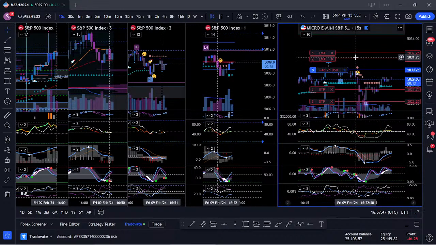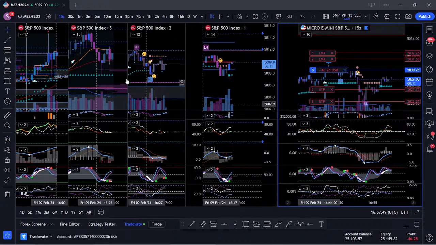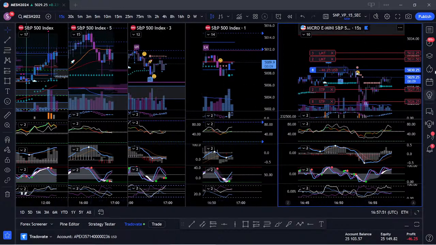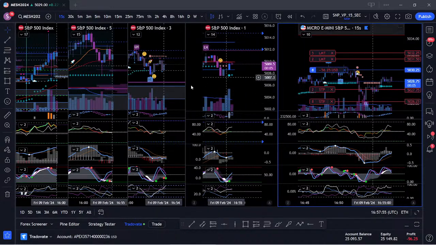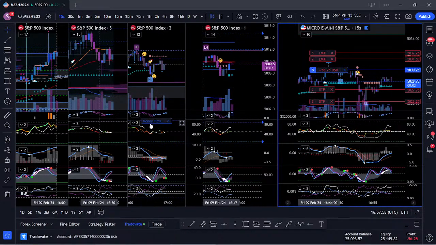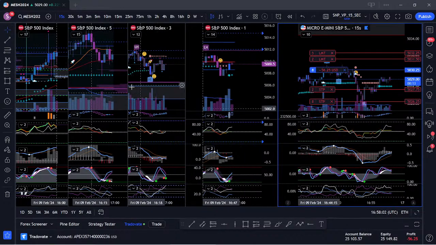If not, then you go up there. It's a battle now. It's a consolidation and it's a battle between buyers and sellers again. This shows some little divergence, which is good.